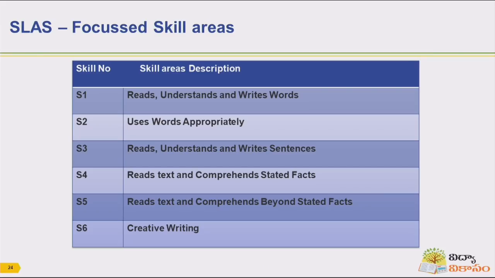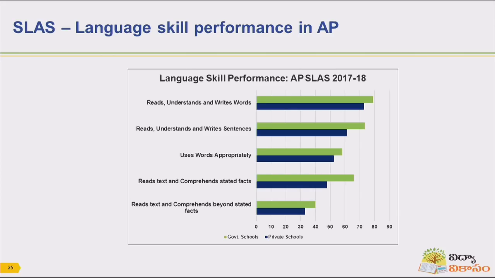And creative writing, that I have already discussed, the language writing task, whether they will be able to write on their own by looking at the picture. So, let us see the skill performance in Andhra Pradesh in SLAS.